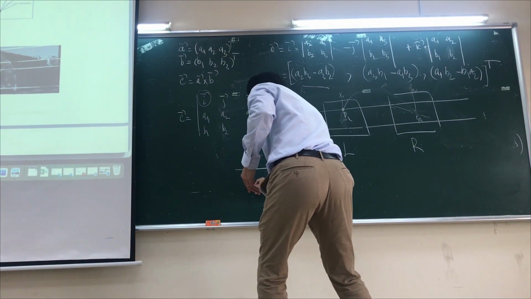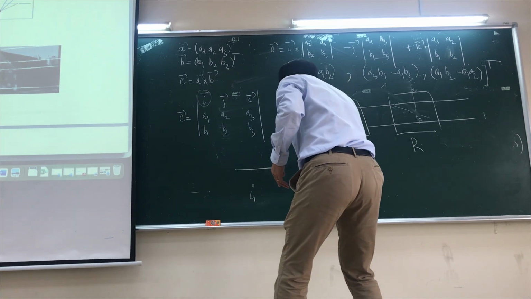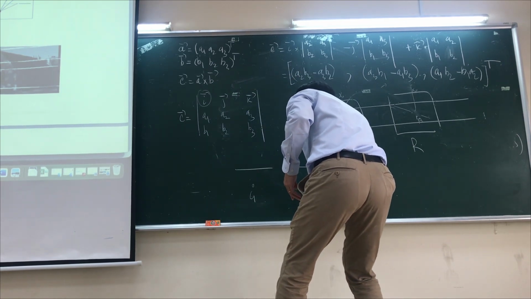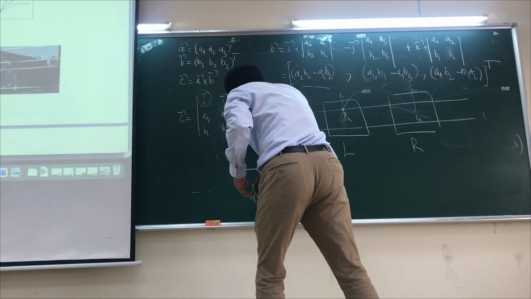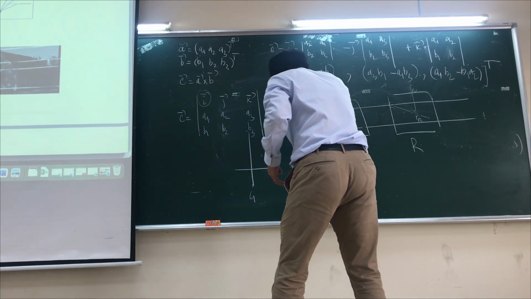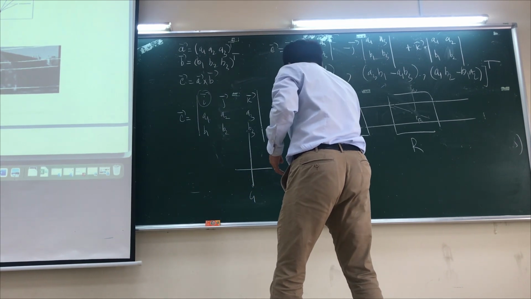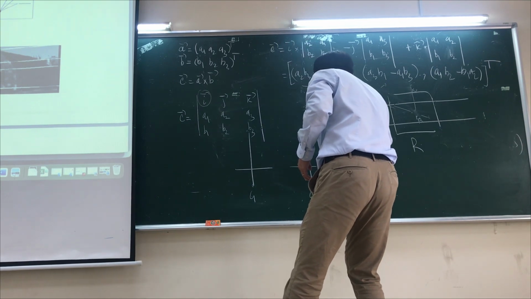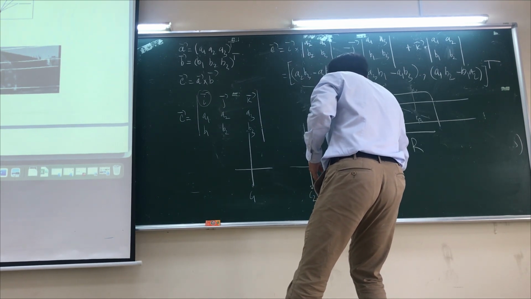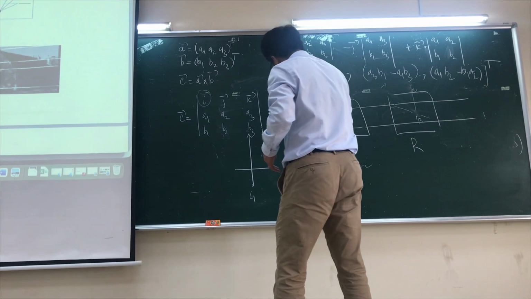Camera 1, C1. Camera 2, C2. They are perfectly parallel, right? The image planes, here the principal of the physical camera.